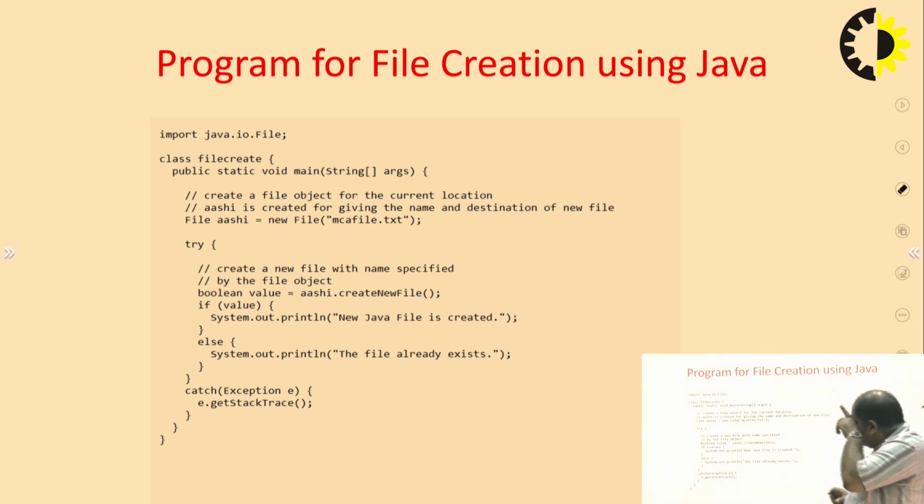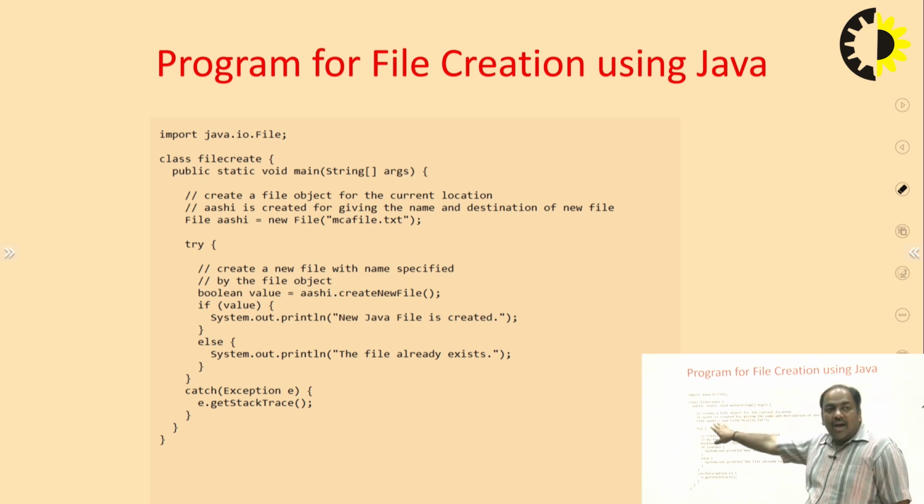Then we create an object for the current location, meaning we want to give a name to a file. We have created one file and we want to give a destination or location of that file. So we have given the name of the file as mcfile.txt, and for the destination of the file, we have given ashi.